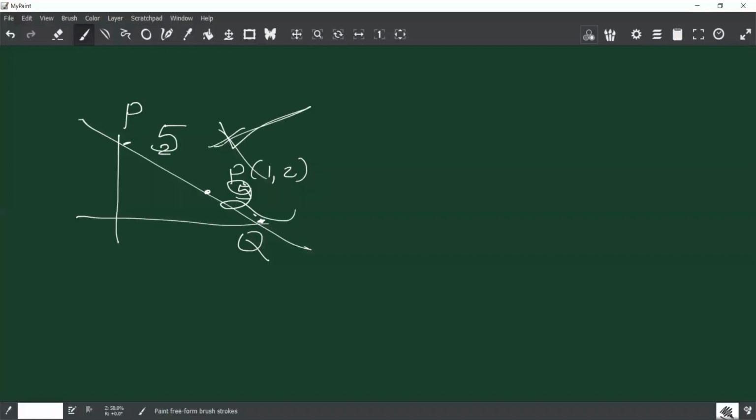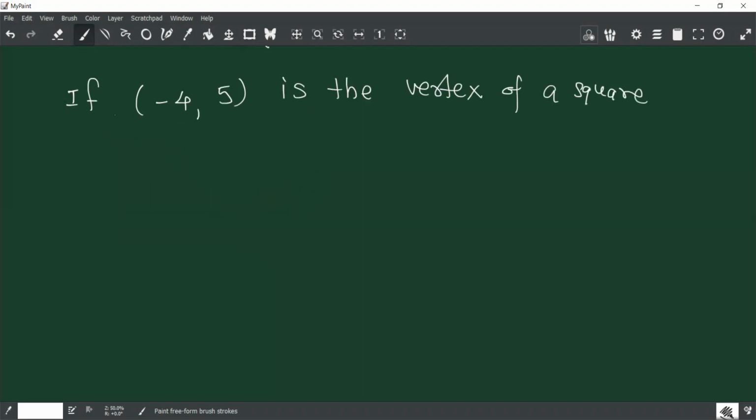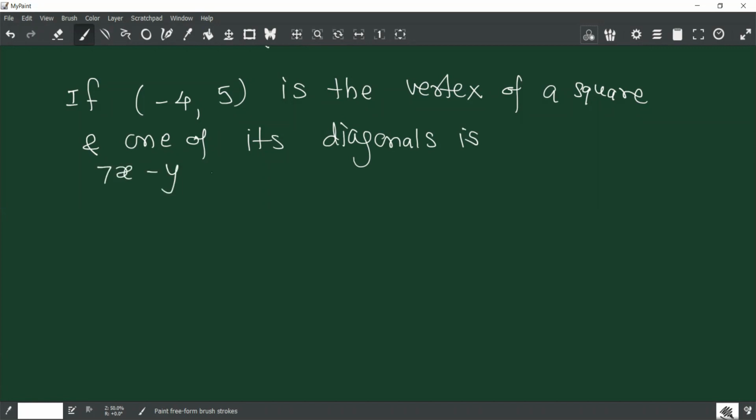Great. Then I will give you the next. If the point (-4, 5) is the vertex of a square, this is a vertex of a square given, and one of its diagonals is 7x minus y plus 8 is equal to 0.